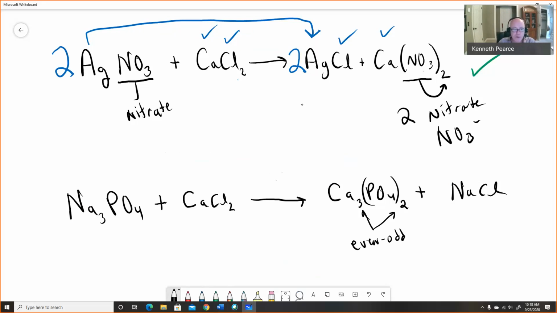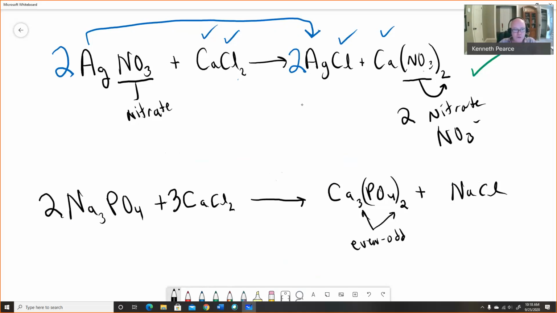It should be 3. Let's see, 2 of these and 3 of these. Let's see how that works. What I did was I took the 2 and I'm going to multiply everything that has a phosphate by 2, and we're going to say 3, and we're going to make everything with the chloride 3. And let's see how that works so far.